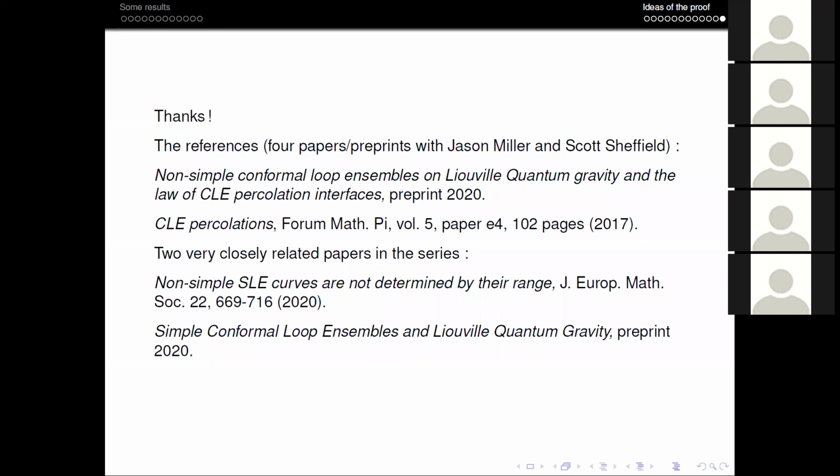Now, if you look at the QLE paper, another three-letter acronym of Scott and Jason, it's part of the things that we have in our drawer in terms of projects.